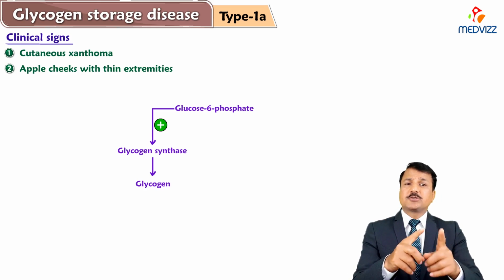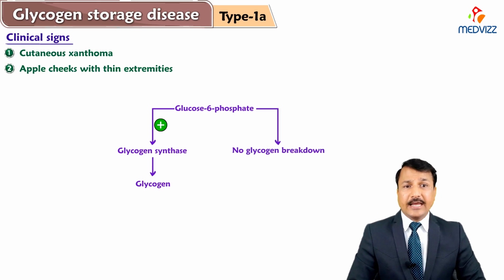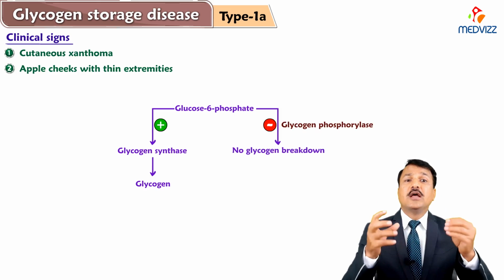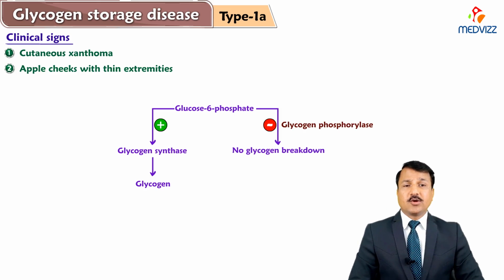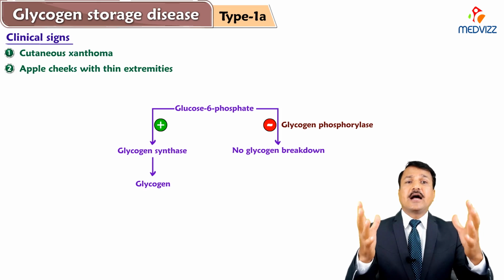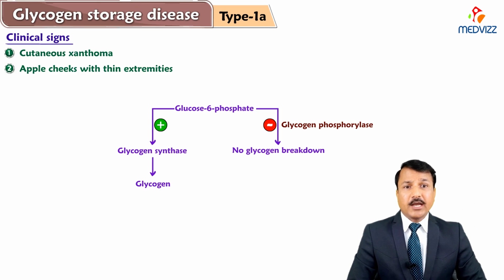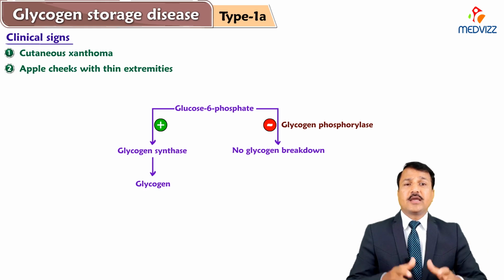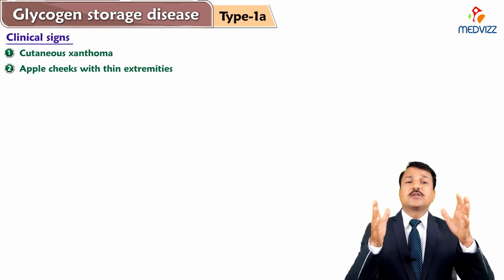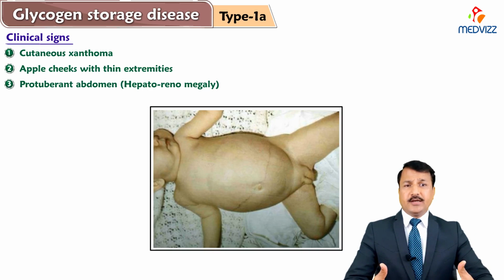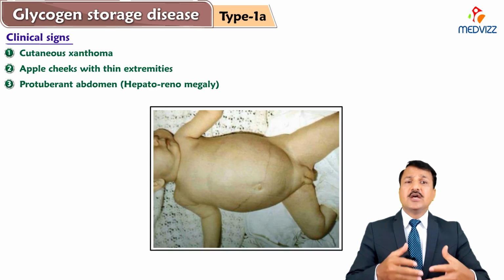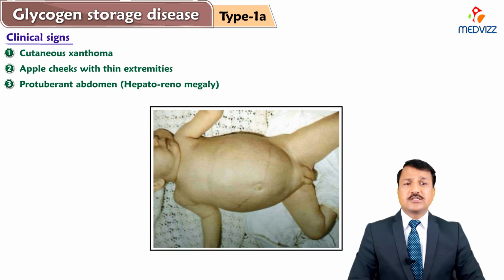Because the same glucose 6-phosphate has a negative effect on the glycogen degradation enzyme called glycogen phosphorylase. So more glycogen is accumulated in the liver and kidney, and that will give rise to hepatomegaly and renomegaly. That's why in von Gierke patients we see hepatorenomegaly, that will give rise to a protuberant abdomen in these patients. So that's why glycogen storage disease 1 is referred to as hepatorenal glycogenosis.